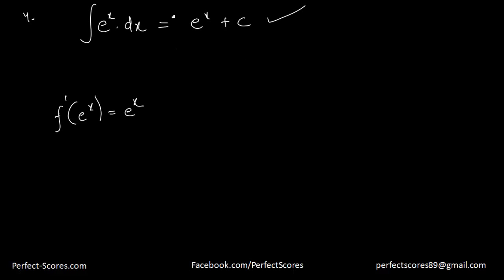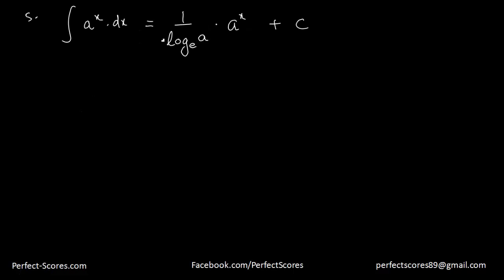Now the next one is the integral of a raised to the power x dx, right? That is actually going to be equal to 1 over log of a to the base e, into a raised to the power x, plus c. Now the difference between the previous one and this one is that over there it was 1 over log of e to the base e, which is 1, which is why we did not consider it at all.